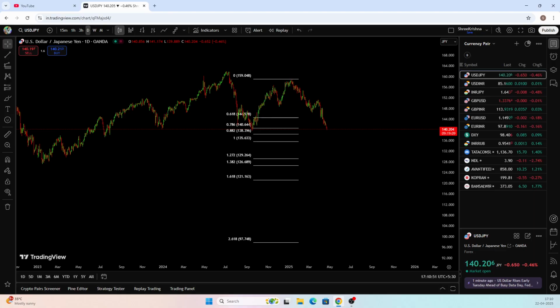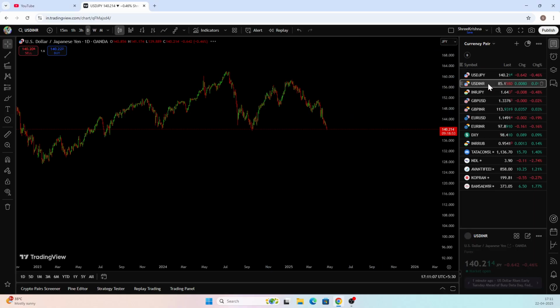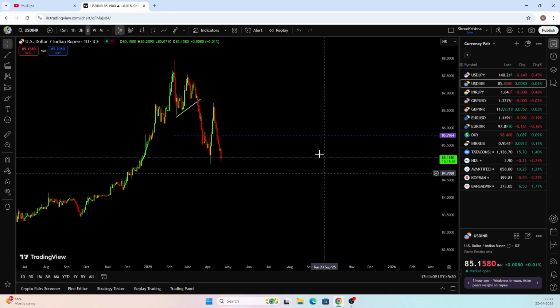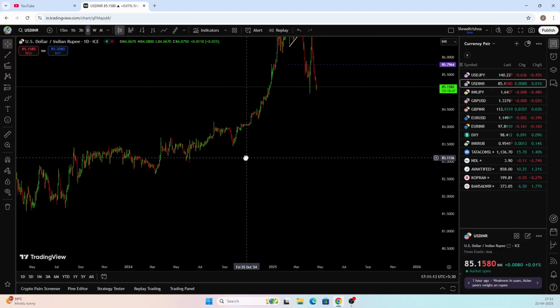From here, it can go sideways before heading for this price. Then we will look at whether it changes course or remains the same. Now USD INR. USD INR behaves completely different than any other currency right now.